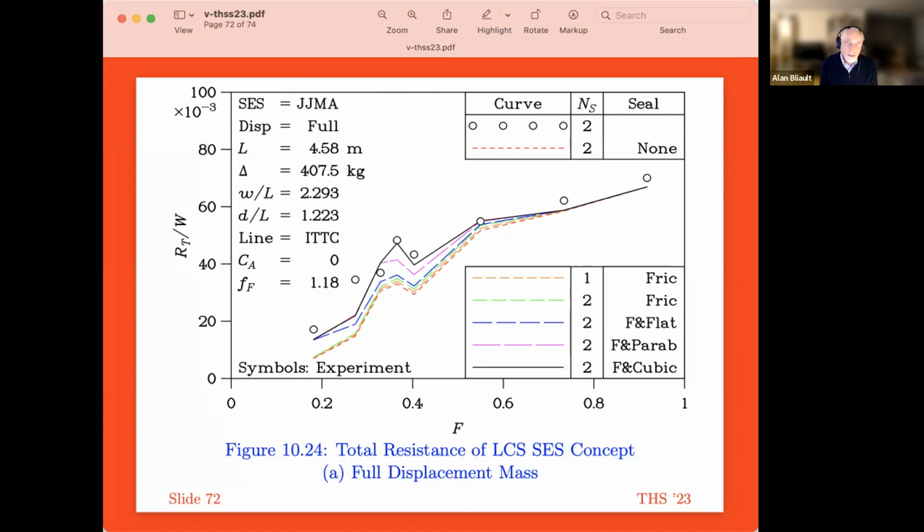I'm interested in your thoughts on whether there is a link in the response of the surface in that way.